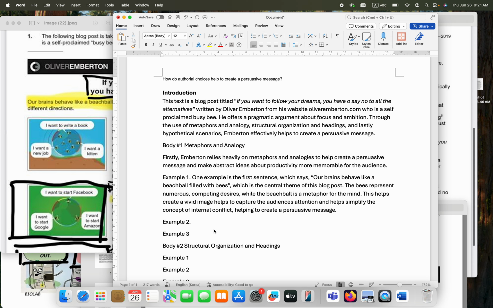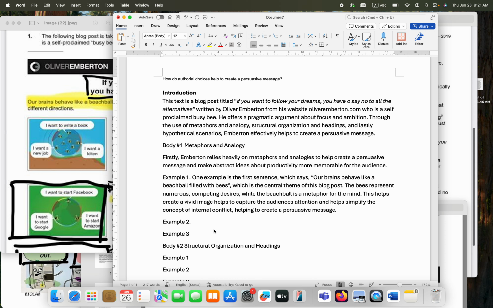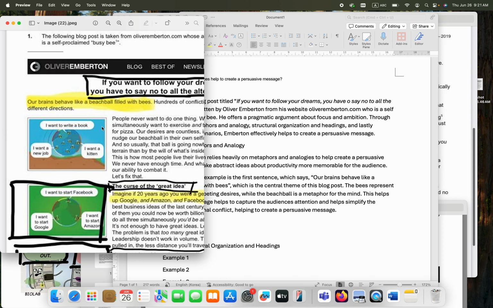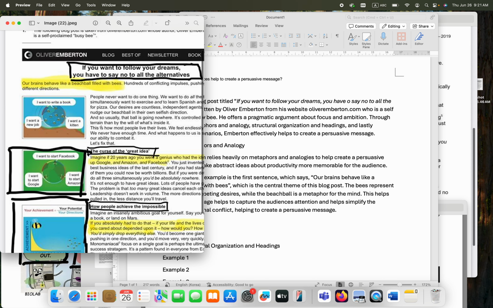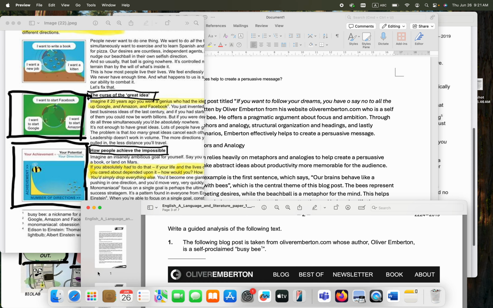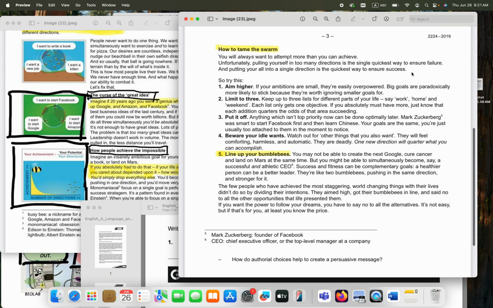Alright, so the second example I'm going to be using is line up your bumblebees, which should be right here. So in this specific subheading, which I'm going to be talking about later on too, but just for this paragraph, we're talking about metaphors, right? So what effect does this have? Line up your bumblebees. Well, it does reinforce the earlier metaphor.